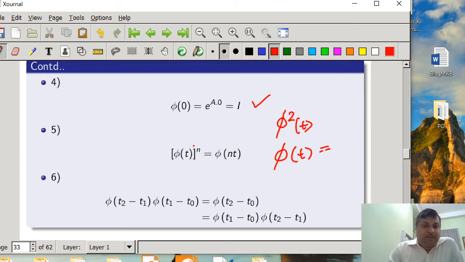Then phi of t2 minus t1 into phi of t1 minus t0 will be equivalent to phi of t2 minus t0, or it can be written phi of t1 minus t0 into phi of t2 minus t1.